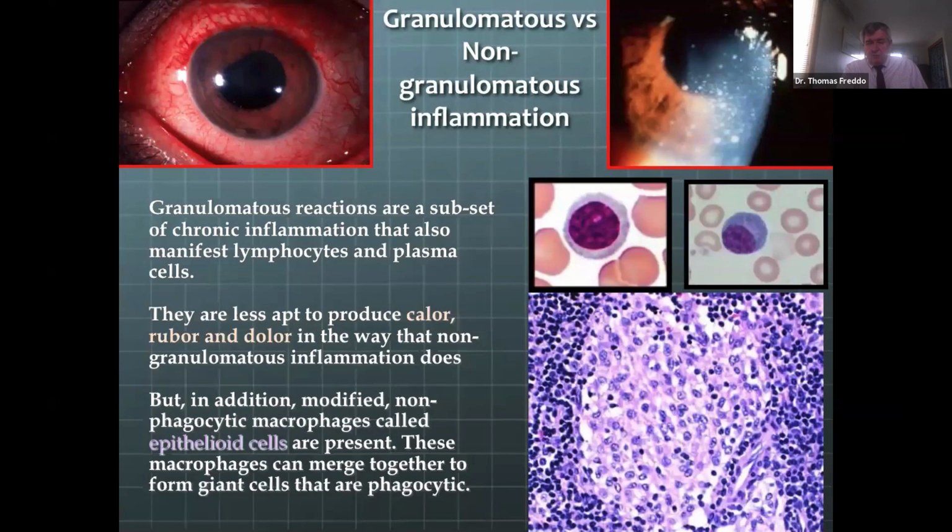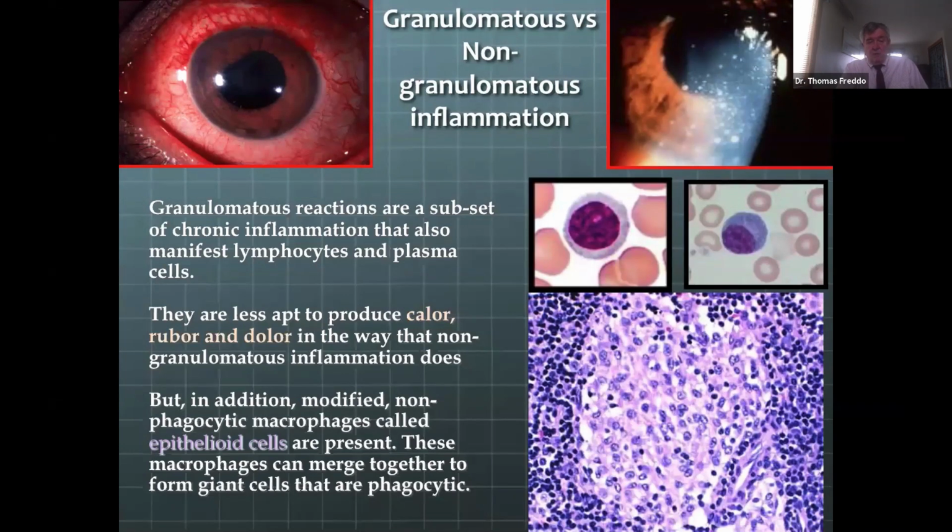So it tends to produce diseases that don't look red hot and aggressive. So there is often less redness, there is often less heat, and often less pain. Not no pain, but often less pain than there is with non-granulomatous disease.